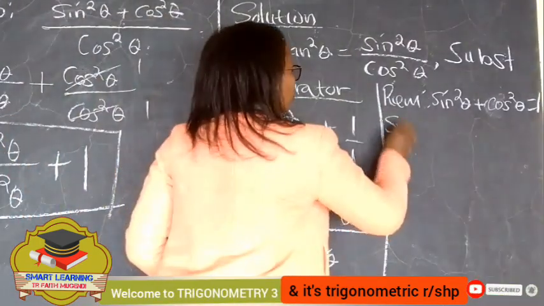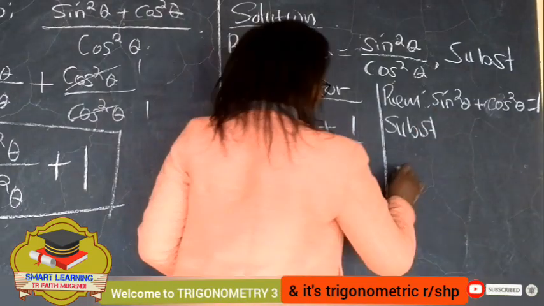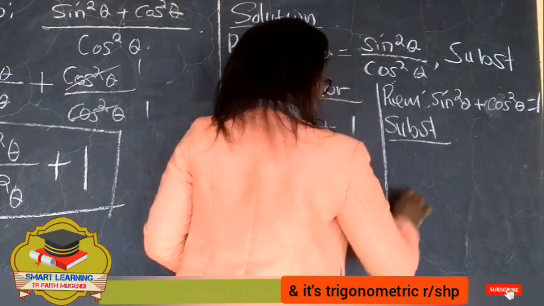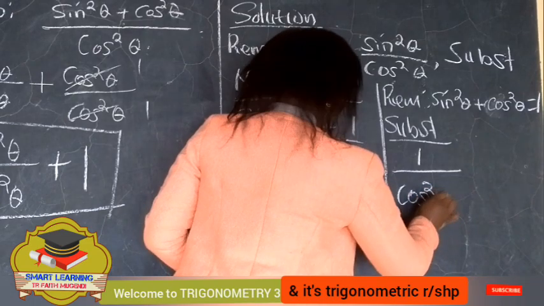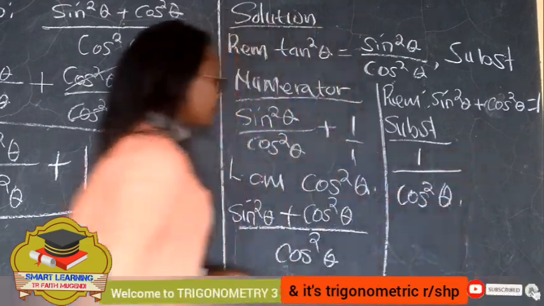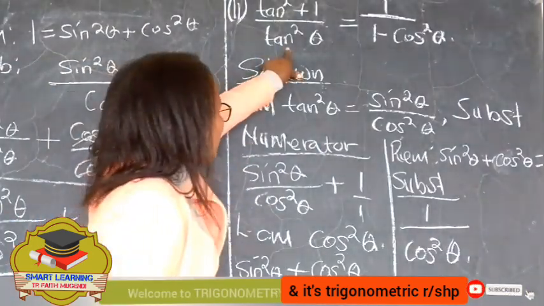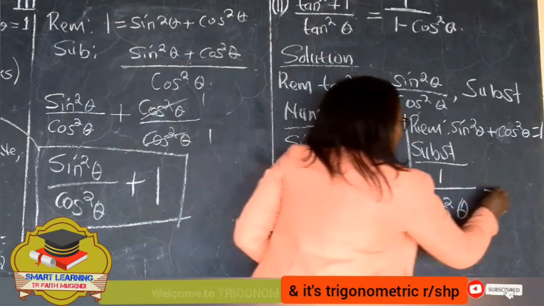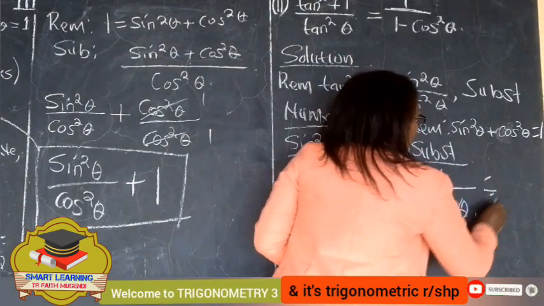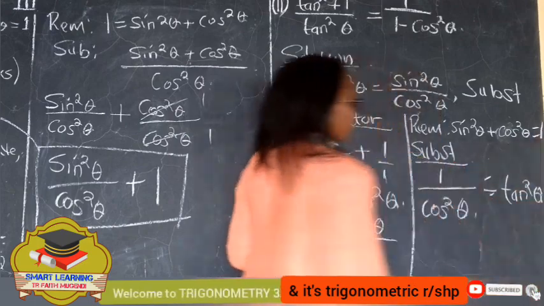Now substituting, we shall have 1 over cos squared theta. So this becomes cos squared theta. Now the denominator is to combine the numerator and denominator. So then we divide by tan squared theta.